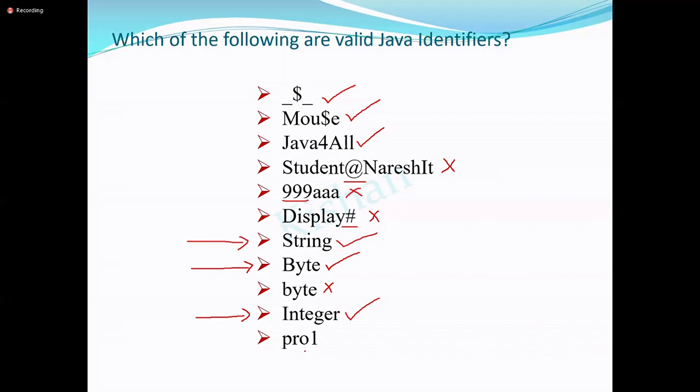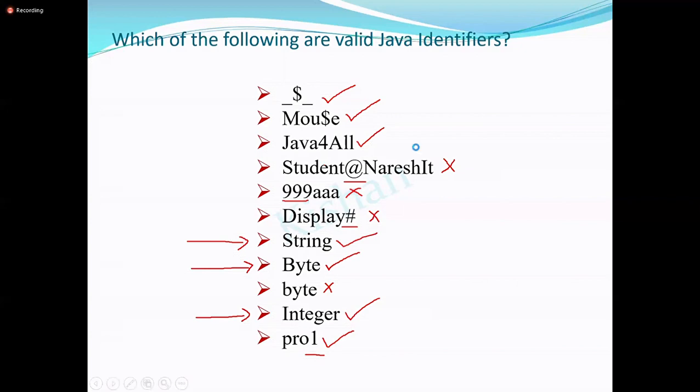By the way, guys, there is no space between Pro and 1. Then tell me, valid or invalid? It is 100% valid, guys. Okay. So I believe you got a clear-cut idea of what the naming rules are which we need to follow. Did you got it, guys?